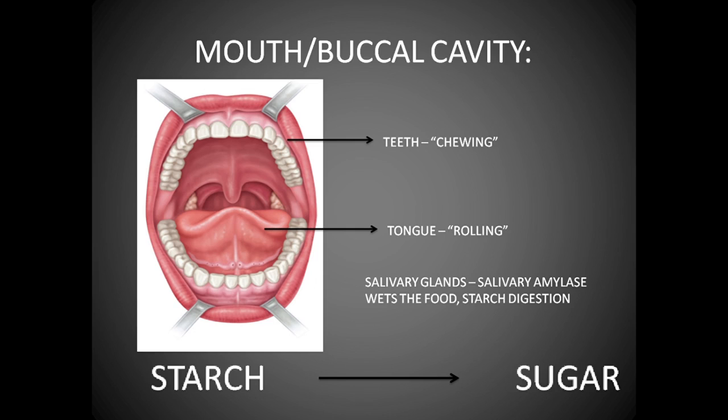So the digestion starts here itself. So here we saw teeth, tongue, the salivary glands and the salivary amylase. From the buccal cavity, only the starch digestion is occurring. The food now goes to the esophagus or the food pipe.